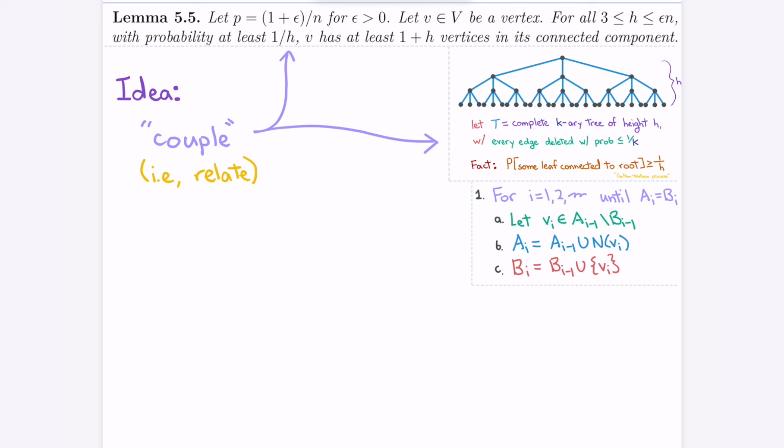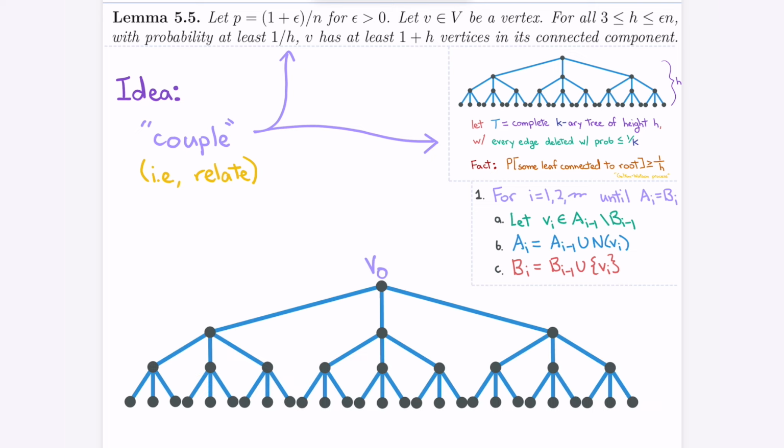All right, so the way we're going to think about it is like this. V0 is your root. Based on V0, you're going to reveal its children, in that set A1, or S1.